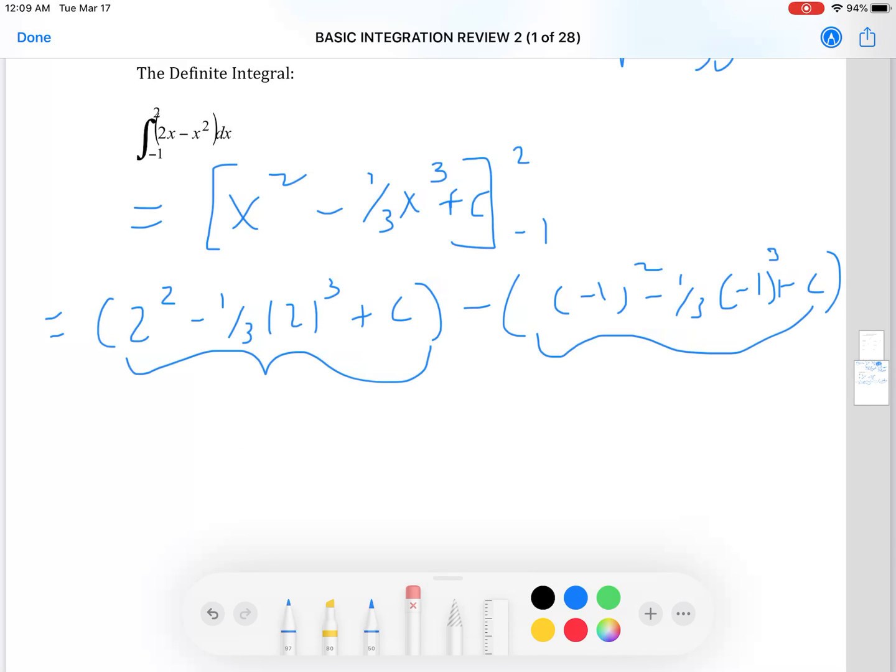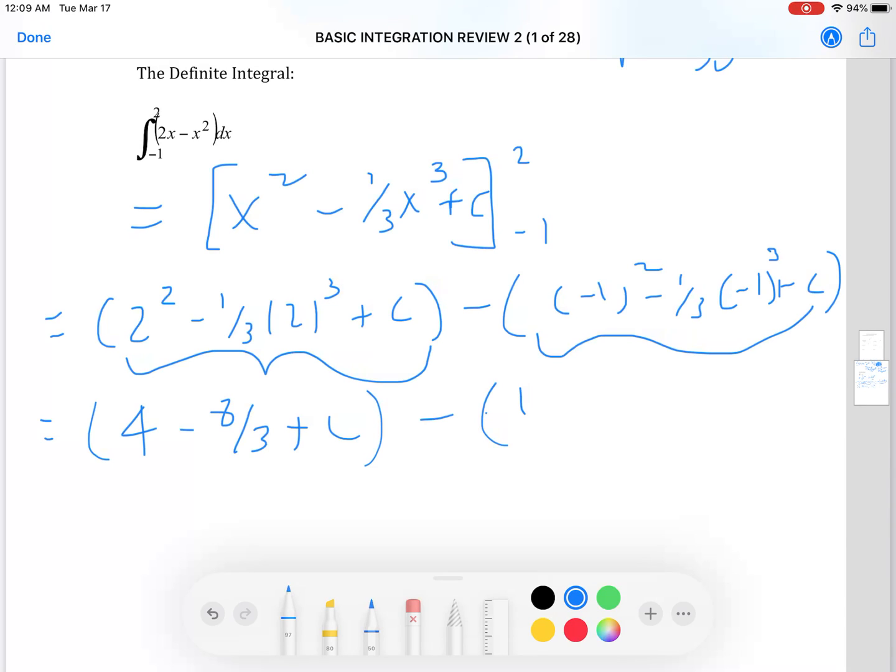So in this first group, I have 4 minus 8/3 plus c. Negative 1 squared. Be careful with your calculator. Remember that the square of a negative number is positive.